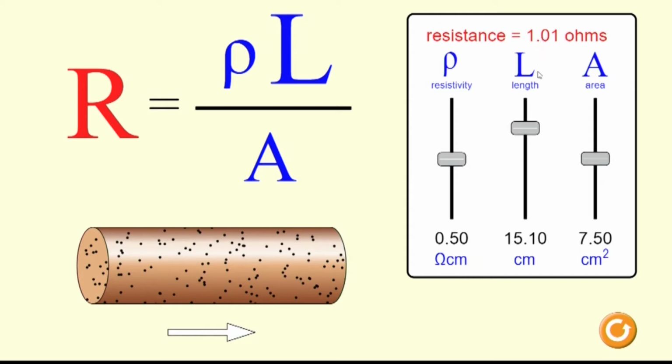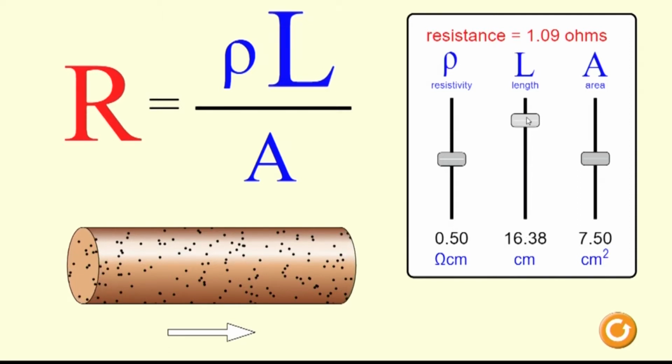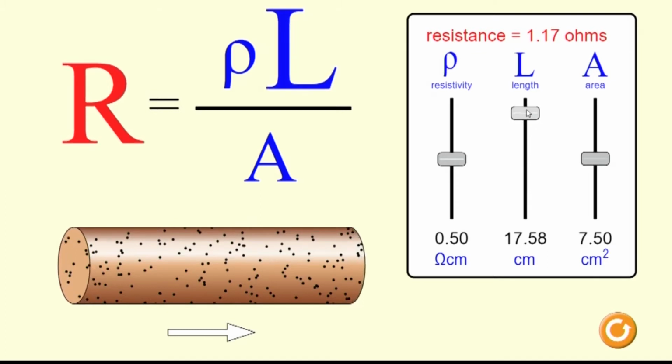Therefore, when the length of the conducting wire increases, the resistance also increases. But at the same time, if we decrease the length of the wire, then what may happen to the resistance?